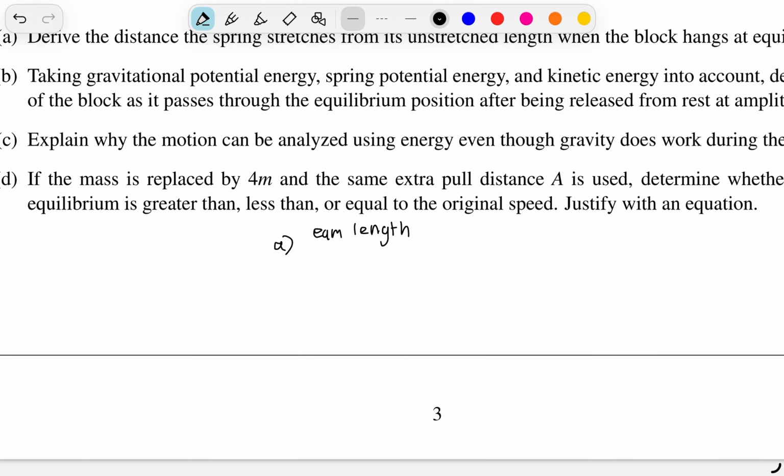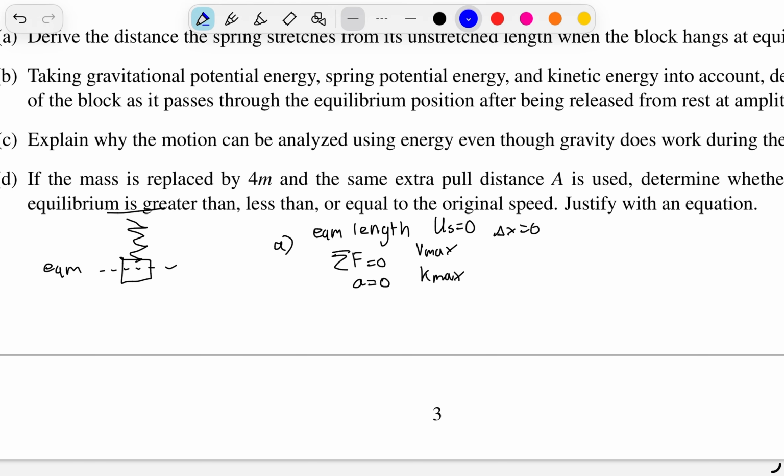At your equilibrium, your summation of forces is equal to 0 because you have 0 acceleration. Your V is going to be at its maximum, so you have K max. And also your U_s is going to equal 0 because your displacement from equilibrium is equal to 0. So let's just draw this out. You are currently at your equilibrium. This is your spring. You're going to have an upward spring force.